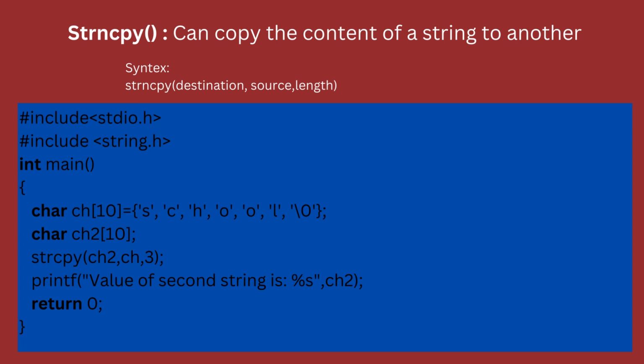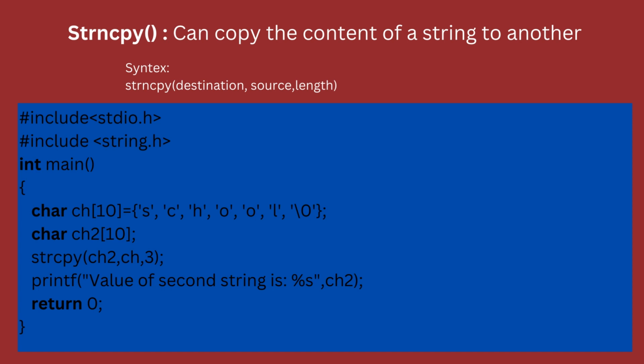It always starts from the zeroth index, so it will print the value of the second string as sch.